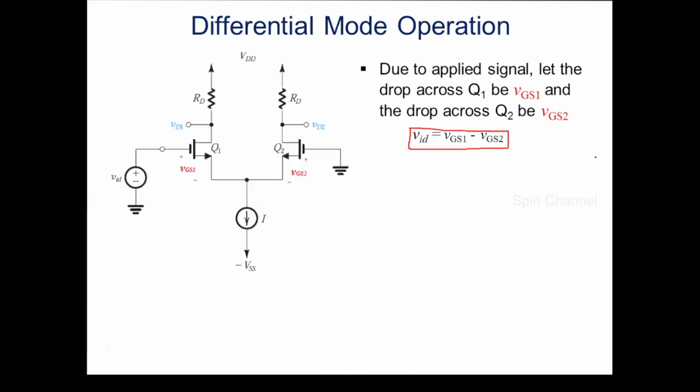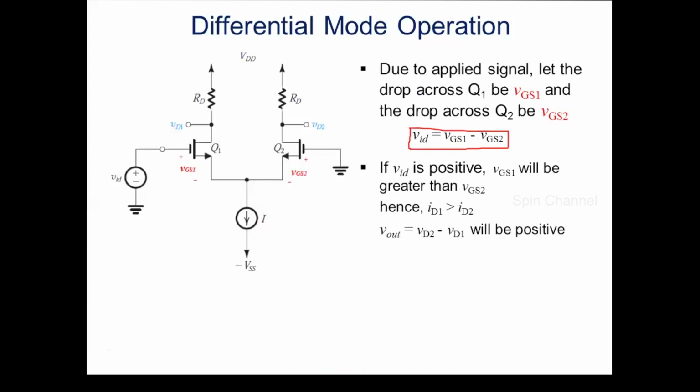Okay, now let us see in detail about the two cases. First case, VID is positive. So VGS1 will be greater than VGS2. Hence, if VGS1 is greater than VGS2, then the drain current flowing through the transistor Q1 will be more when compared to the drain current flowing through the transistor Q2. We know that the voltage at the drain terminal is equal to VDD minus ID into RD.